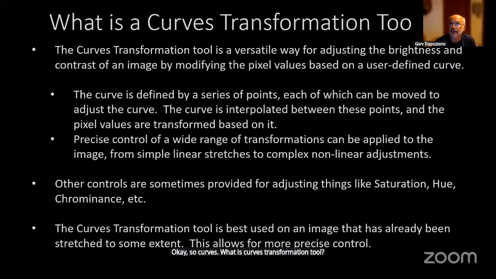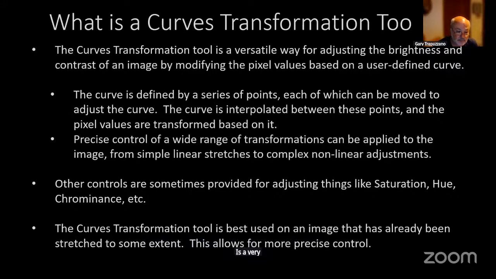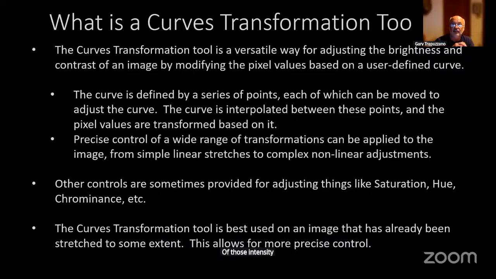So the curves transformation tool is a very flexible, versatile way for adjusting the brightness and contrast of an image by drawing sort of a user-defined curve of those intensity values.